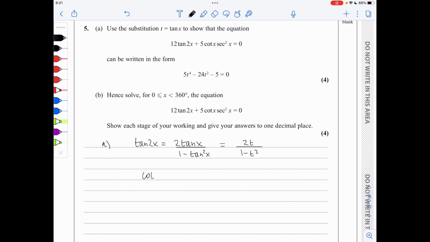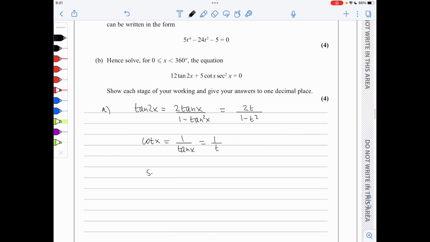We also know that cot of x is 1 over tan x, which will be 1 over t. And finally, sec squared x is 1 plus tan squared x, so this will be 1 plus t squared.